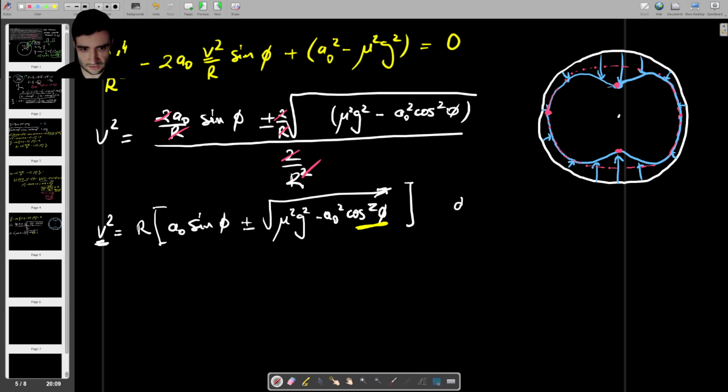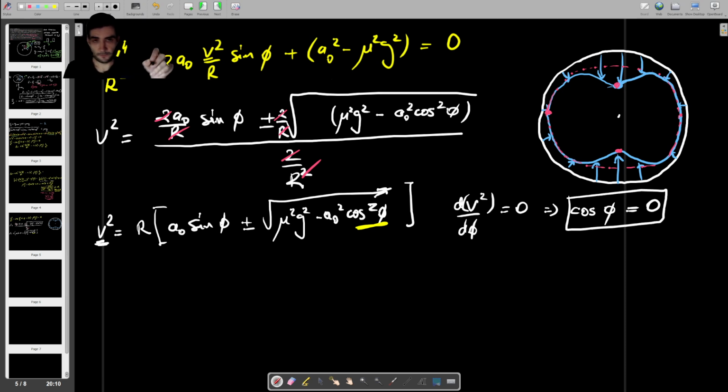is to differentiate. So if you do dv, or dv squared by d phi, and you equate it to 0, you'll notice what you get out of it, and I'm not going to go through the steps, but you can try this yourself. You'll get that cosine of phi should be equal to 0.